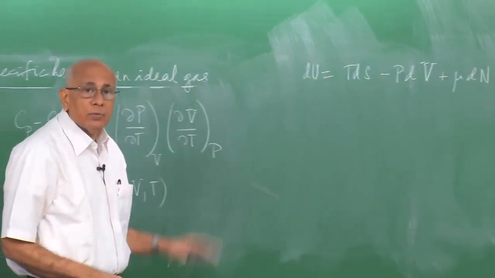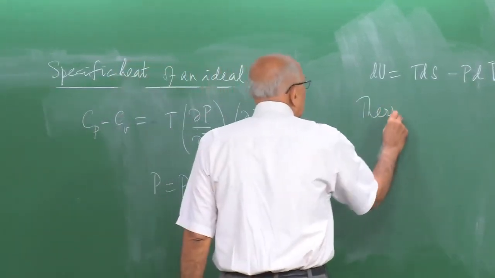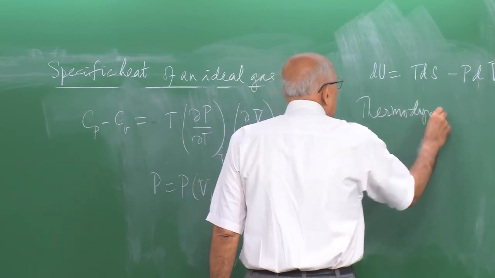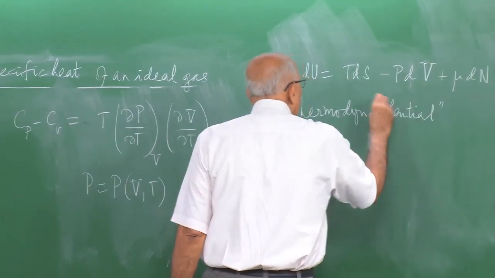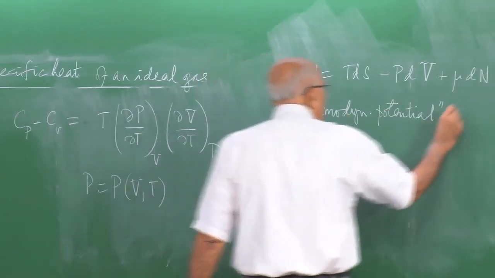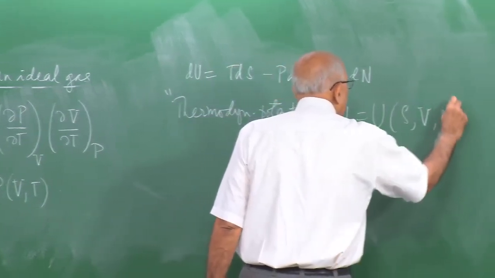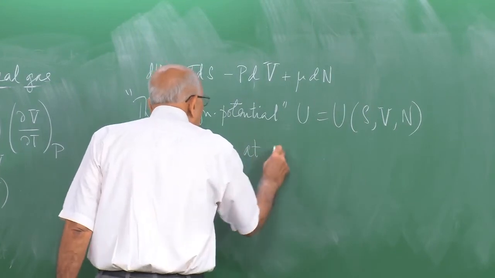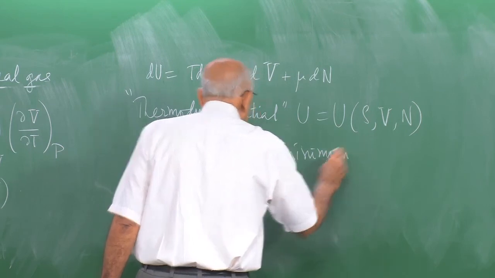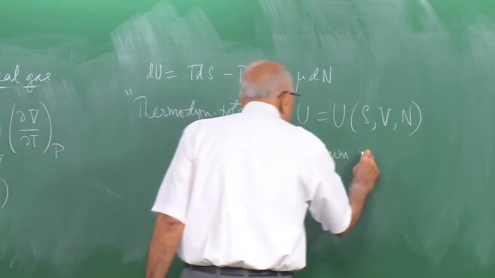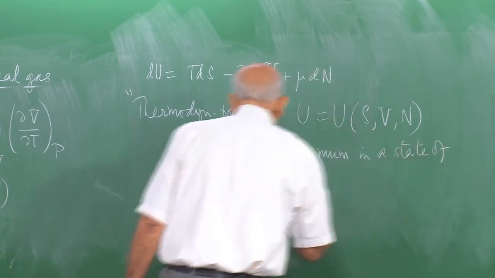That is the generalized first and second laws together, and this corresponded to a thermodynamic potential U, which is a function of S, V and N, and is at a minimum in a state of thermal equilibrium.